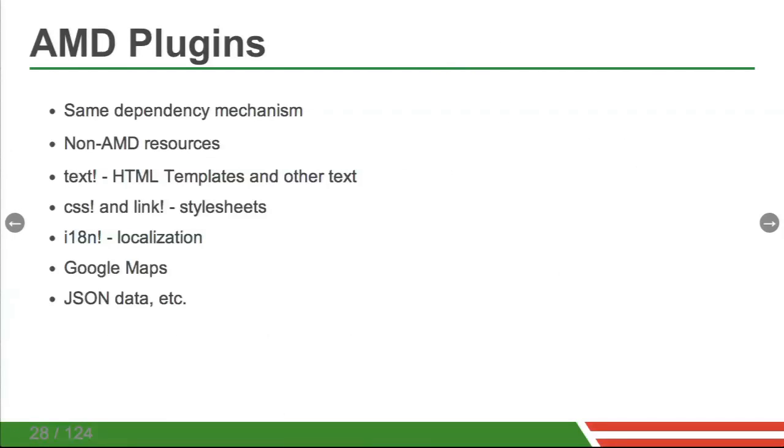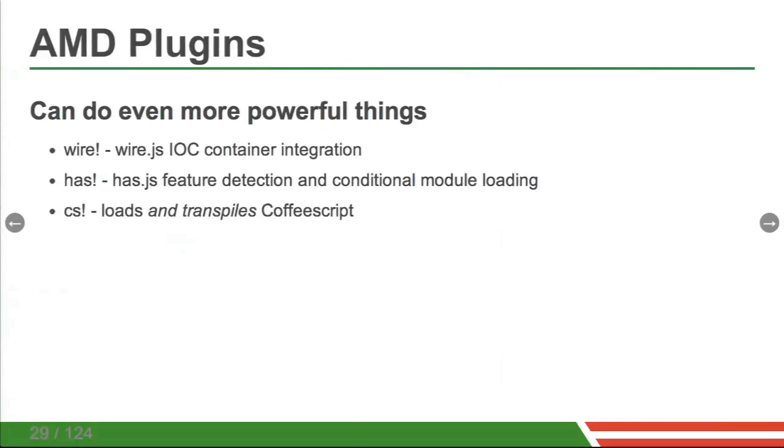Okay, so just quickly on AMD plugins. Again, they use the same dependency mechanism. Let's use this great parallel, non-blocking, really fast way to grab modules, and let's use it to grab other things. Let's go grab some HTML templates. Let's grab some CSS files. Let's grab some JSON. Let's use this as a way to make Google's APIs work the way we want them to work. And then we've got some advanced ones.